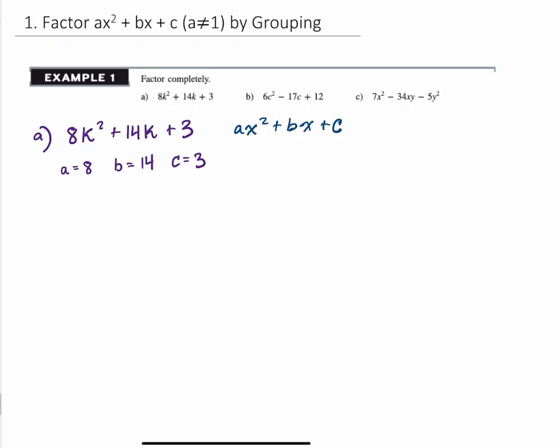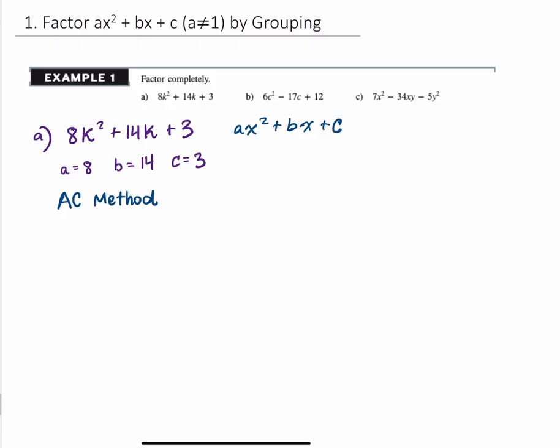The method that I'm going to show was taught to me as something called the AC method. So we'll go through this first example and I'll write out which steps we're performing, and then we'll start to summarize them with the additional examples.